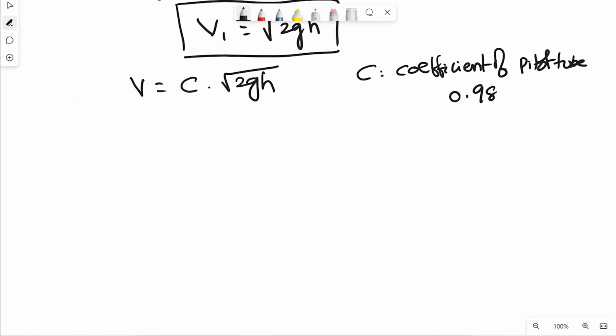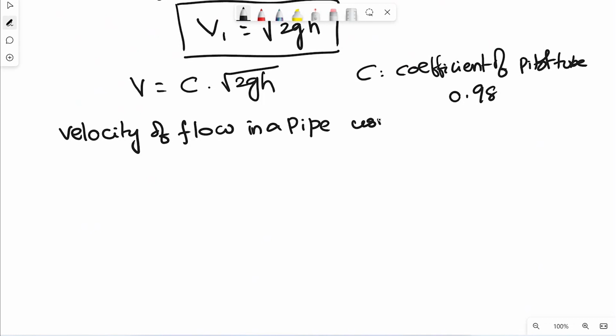So how to measure the velocity of flow in a pipe? Now I have shown you in canals, how to measure the velocity of flow in a pipe using a pitot tube. For example, there are four cases.